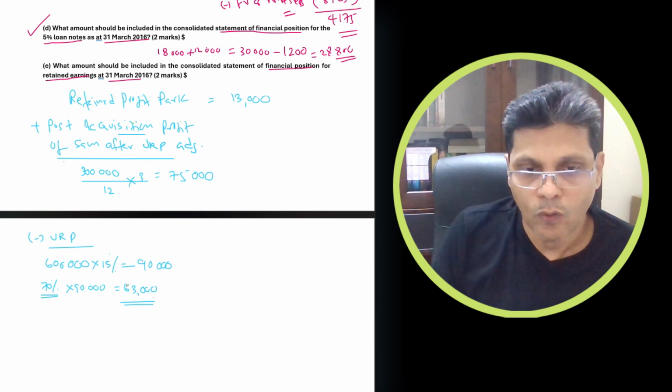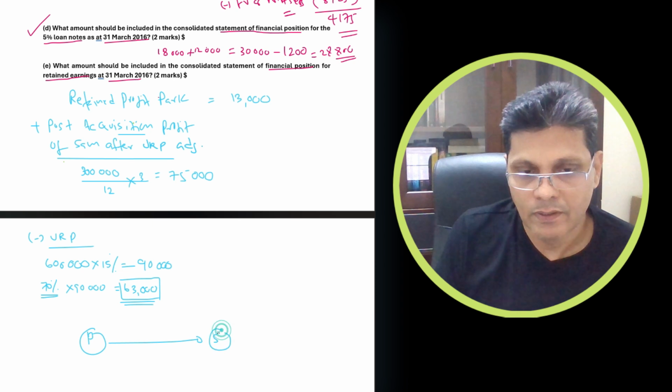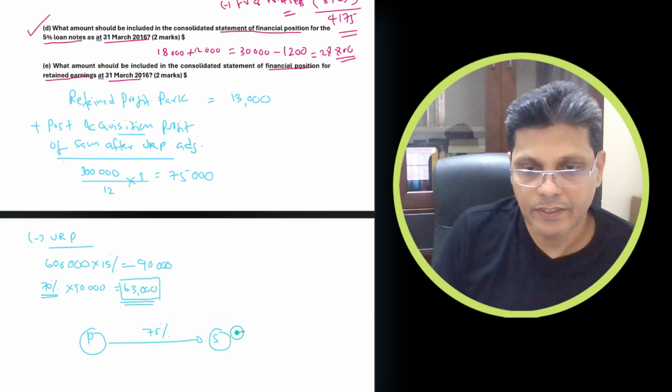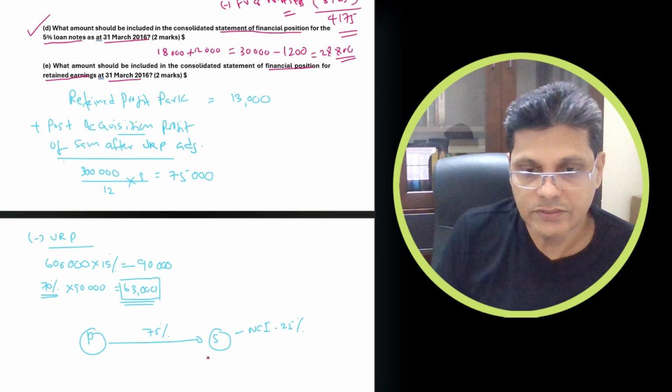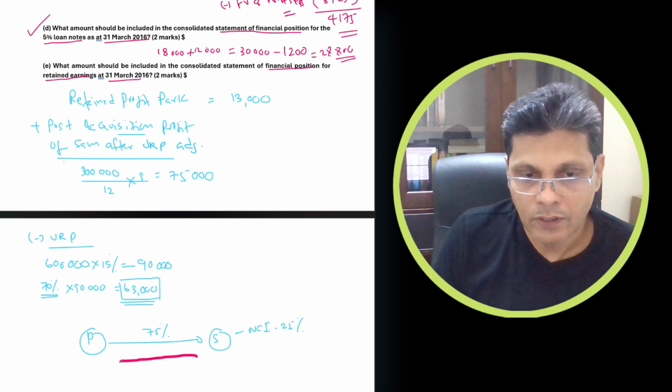Now, who recognizes this profit? This is very important. Now, when you take Park and Sam, Park acquired 75% of S and the remaining is non-controlling interest 25%. Now S sold goods to Park.